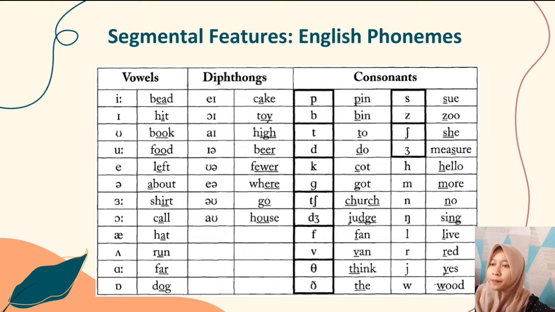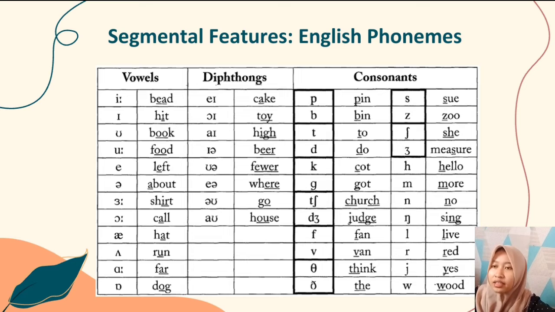E, bit, I, hit, U, book, U, food, left, about, E, shirt, O, call, head, run, far, talk. And the second one is diphthongs.